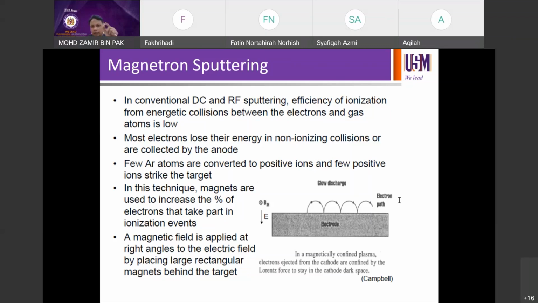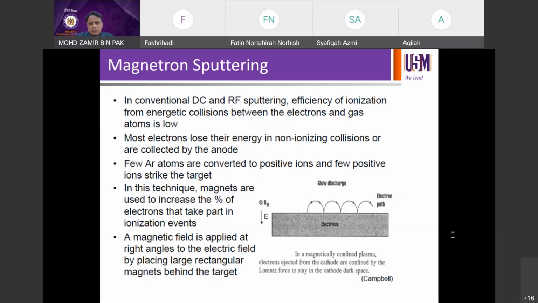Oxynitride, TiON, TiOxNy, right? Stoichiometry. Al pun sama. Al oxycarbide, oxynitride. Silicon oxynitride, for example, SiON, SiOxNy, right? So banyak lah. So we have many different materials that can be prepared by reactive sputtering. So that's the point.